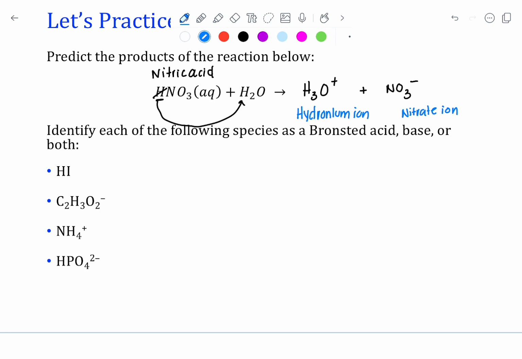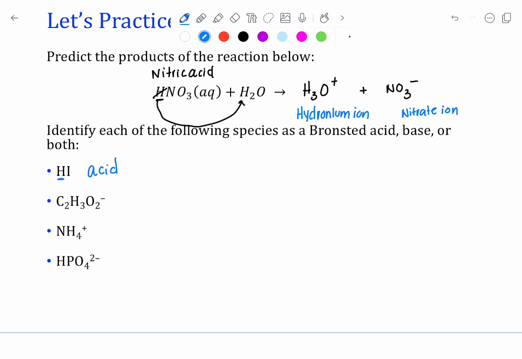Our first one is HI, hydroiodic acid. Well, the name tells us that it's an acid, but let's look at why. It has a hydrogen to give away. Therefore, it can donate that hydrogen. If it has a hydrogen to donate, it means it's an acid. Now, it cannot accept a hydrogen because it does not have anywhere for that hydrogen to be put onto.